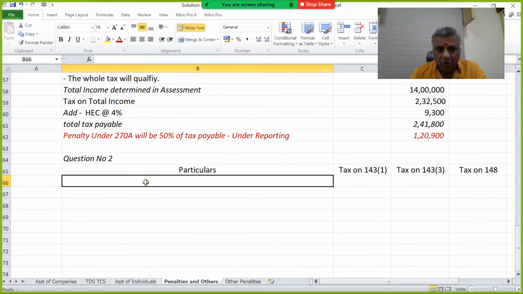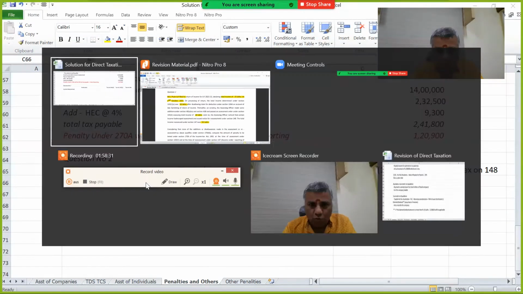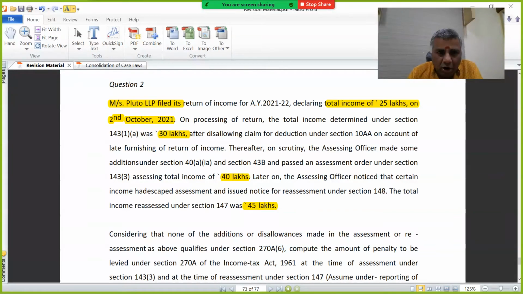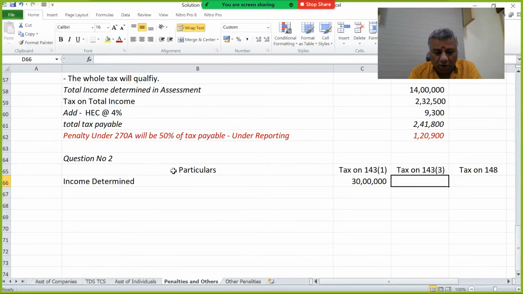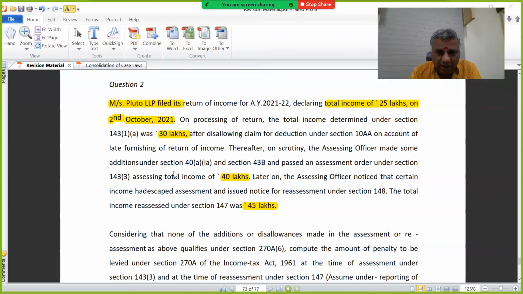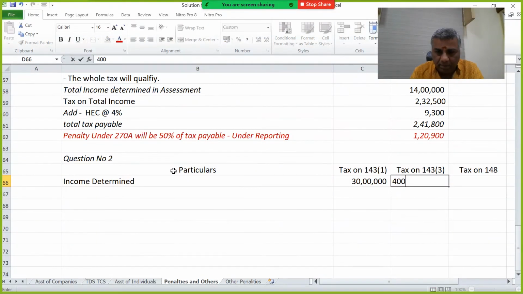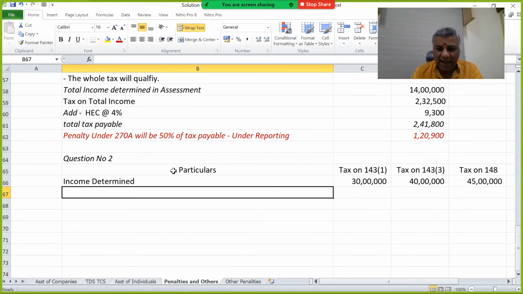Income determined in 143(1) is 30 lakhs. In 143(3), they determine an income of 40 lakhs. In 148, they determine an income of 45 lakhs.